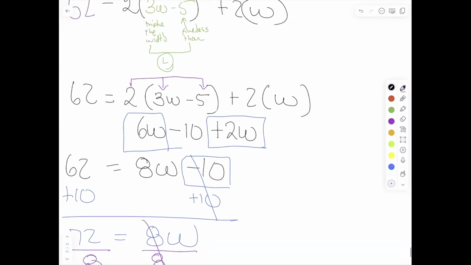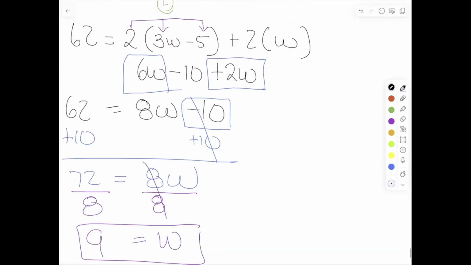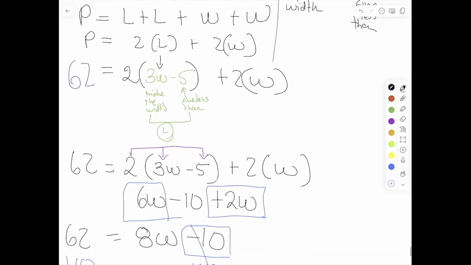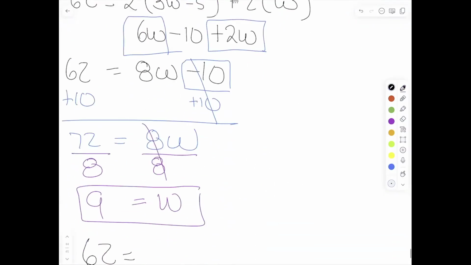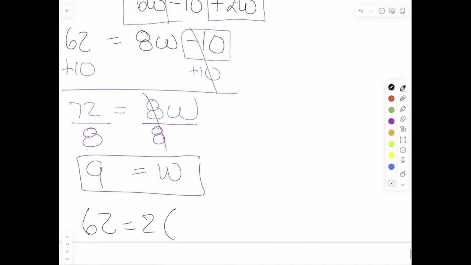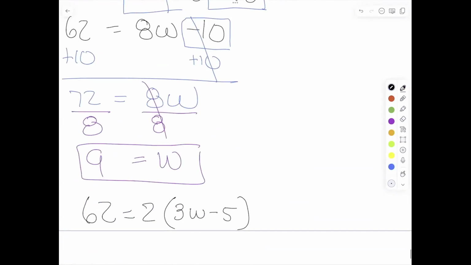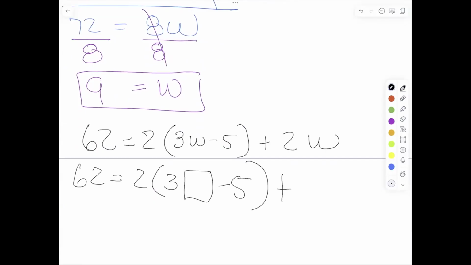My formula up here that I got was 62 is equal to what? This is the formula, right? 2 times (3W minus 5) plus 2W. And if W is 9, what am I going to do with the W?